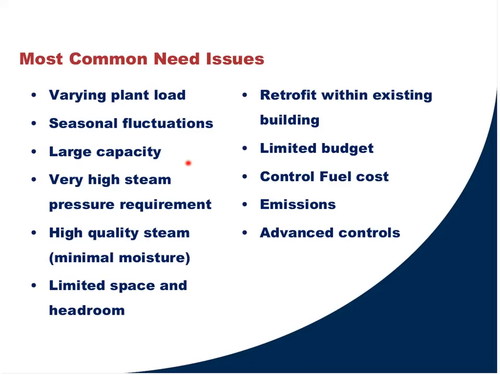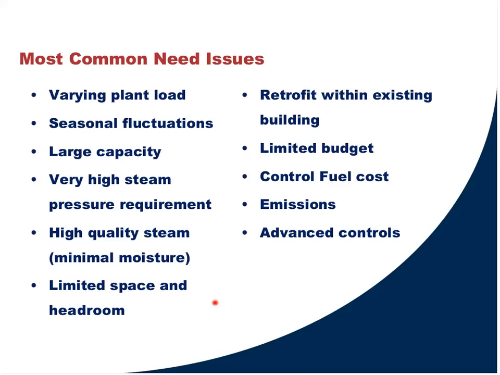I've got a large capacity. Do I tackle this problem with many boilers, or do I use one? I've got a very high steam pressure here. It's more than 150 pounds. What do I use? High quality steam. You know, I'm going to be taking that steam and I'm going to be going into a turbine. I've got to have high quality steam. I can't have a lot of moisture. In fact, I should not have any.